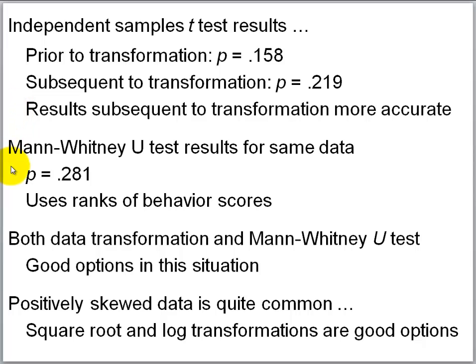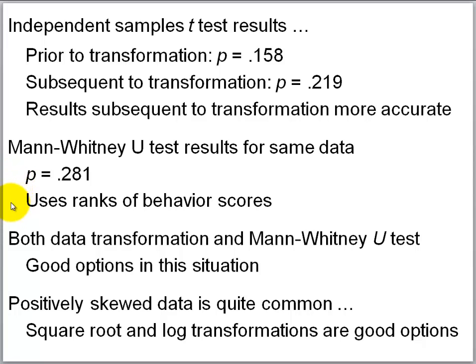Now, as I mentioned, another alternative in this situation would have been to carry out a non-parametric test. The Mann-Whitney U-test is the preferred non-parametric test in this situation, and I carried out a Mann-Whitney U-test, and it yielded a p of 0.281.